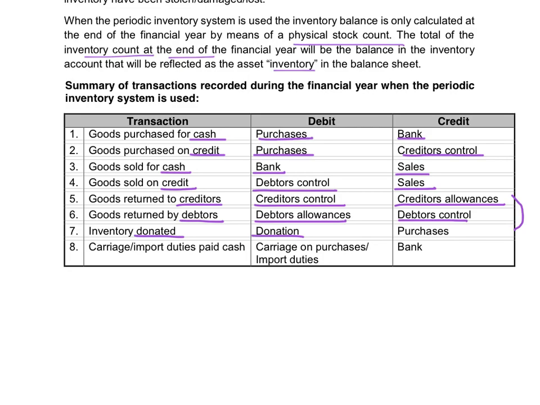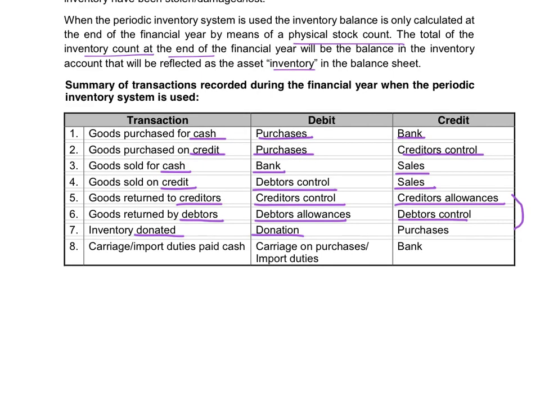So when we buy goods, we debit purchases. If we use goods for another purpose and not for making a profit, you have to reduce the expense for purchases.